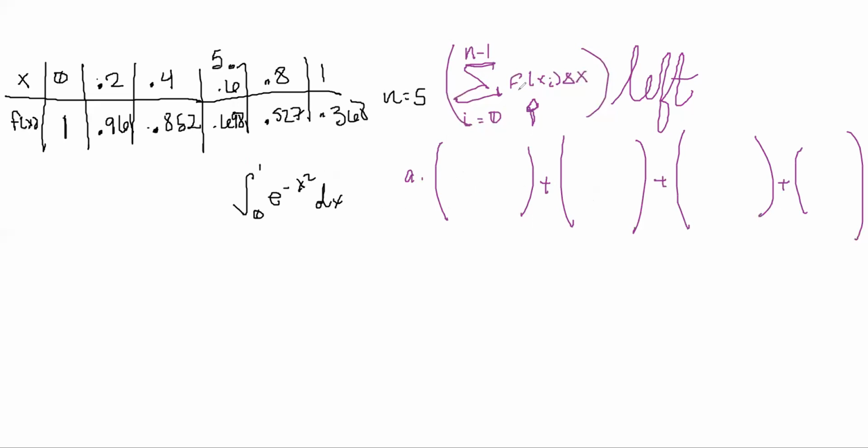Basically what this means is a lot of things are added together. And we're starting with i is equal to 0. So we need f of xi.